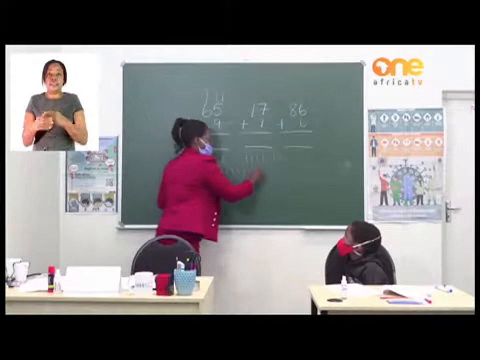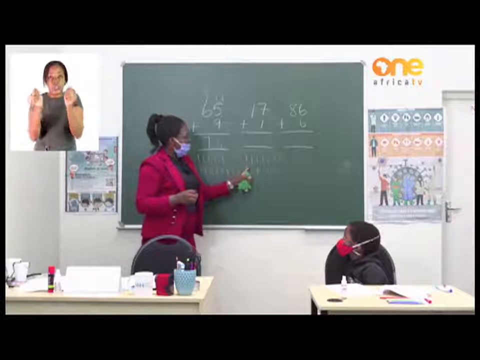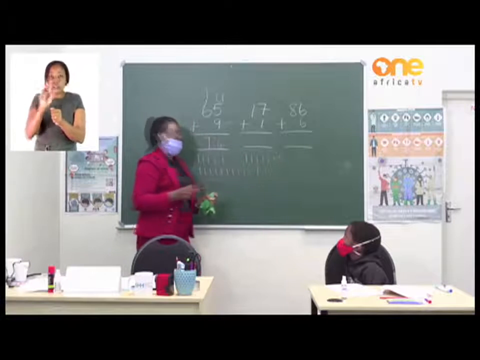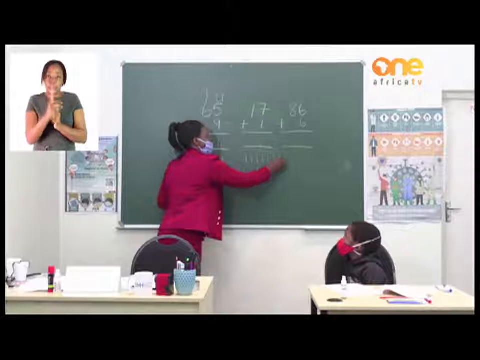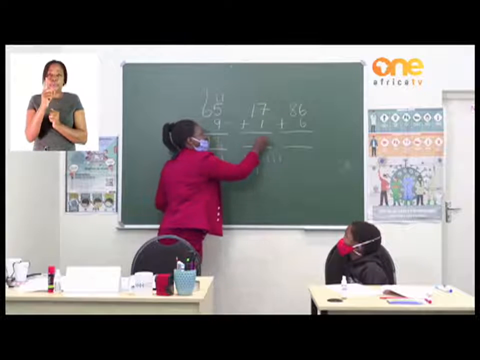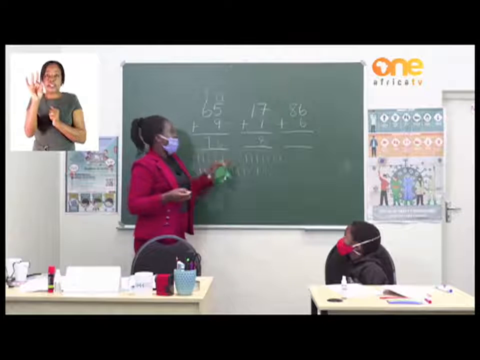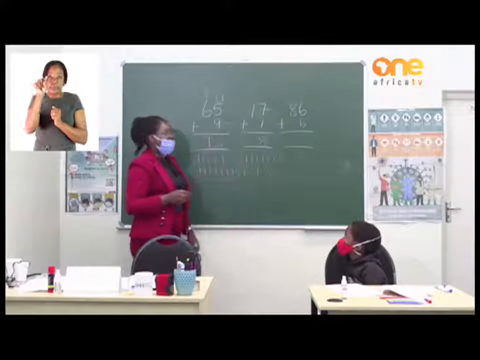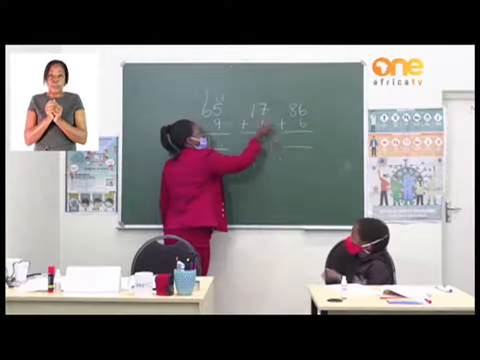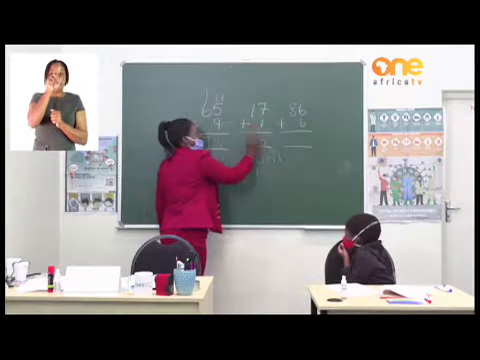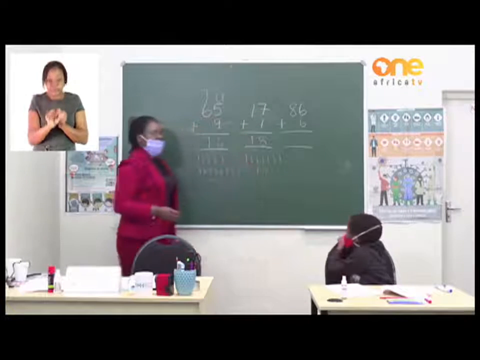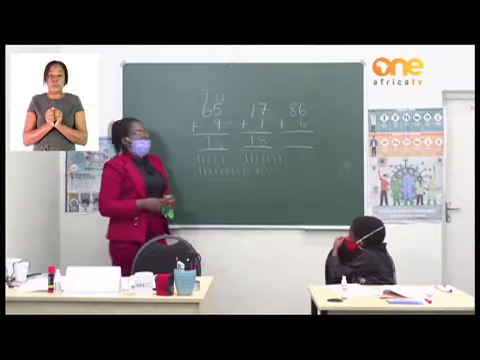Plus 1. When I'm plussing, I have to count everything together. So that is a 7 plus a 1. That will give me an 8. There's nothing to carry over to the next place value. Are we together? Therefore, it's just an 8. And a 1 plus nothing here, plus 0, is just a 1. So that is how we get it.